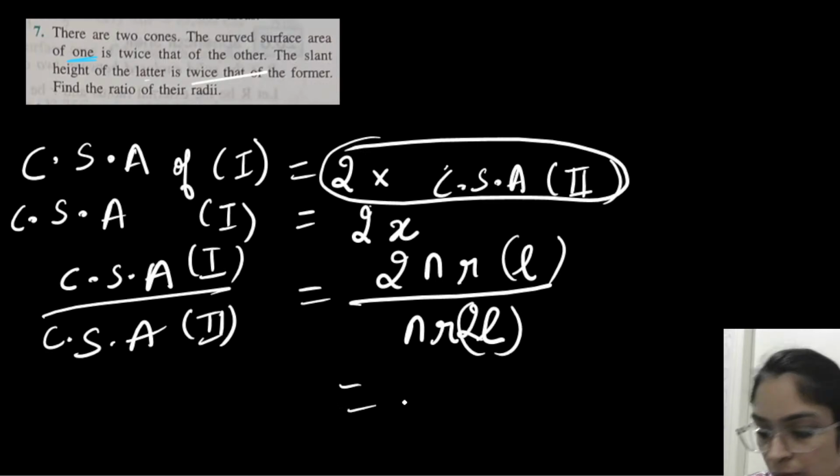So here everything, 1 is to 1, we are getting. So how come 4 is to 1? Here we are getting 1 is to 1. I can see the answer given is 4 is to 1.